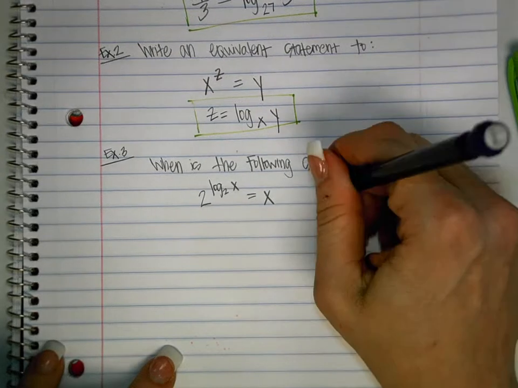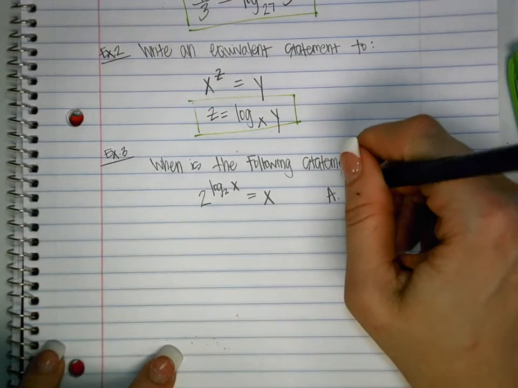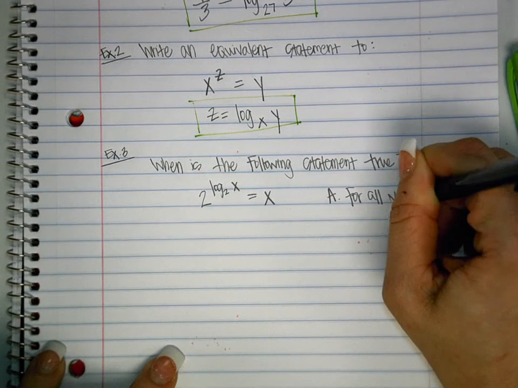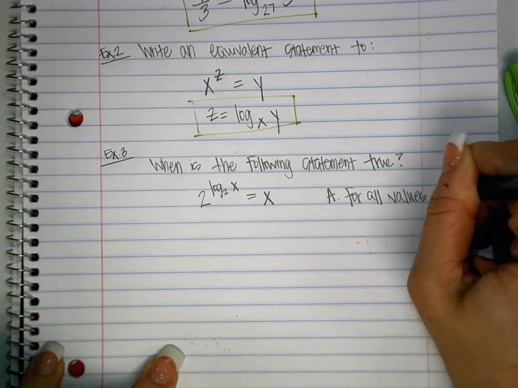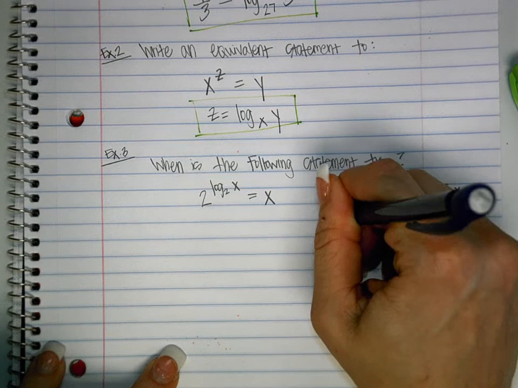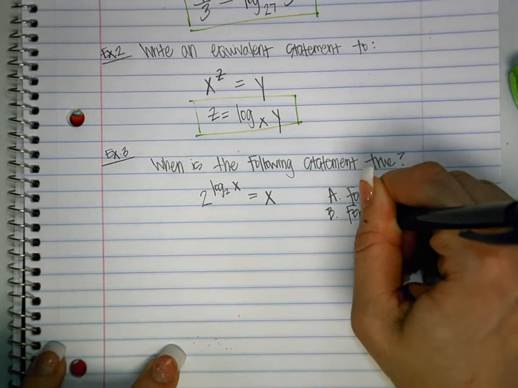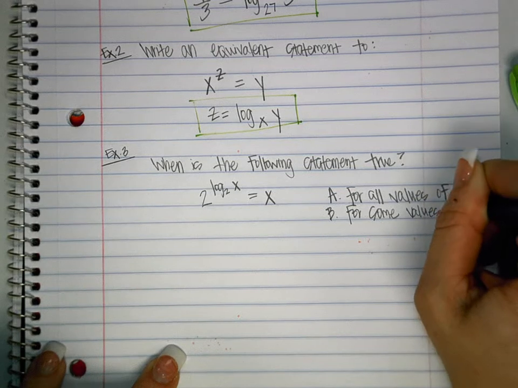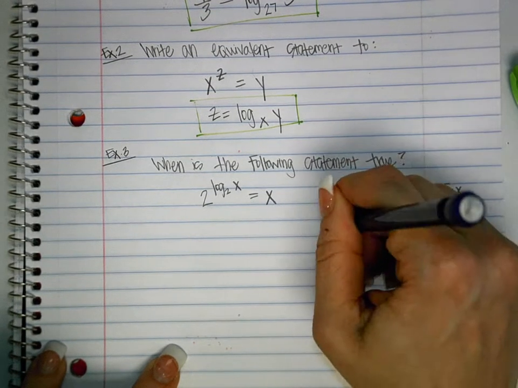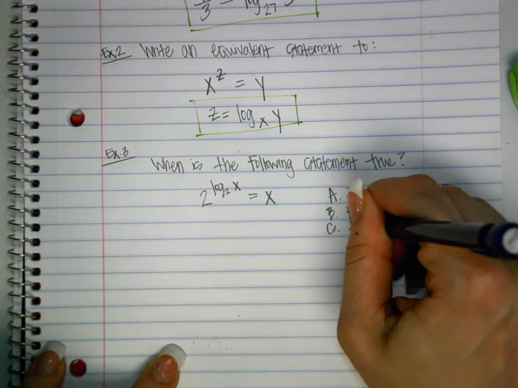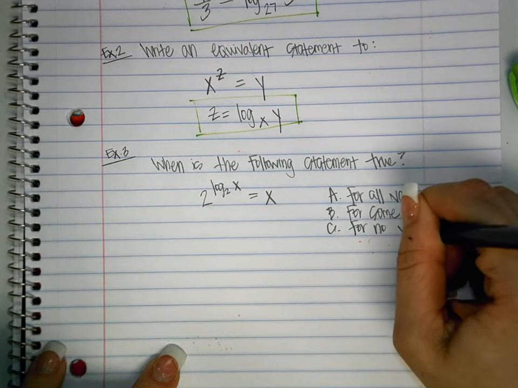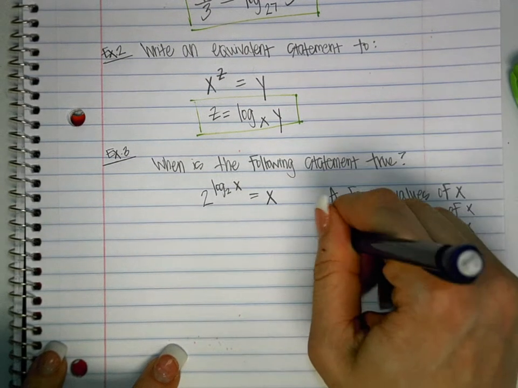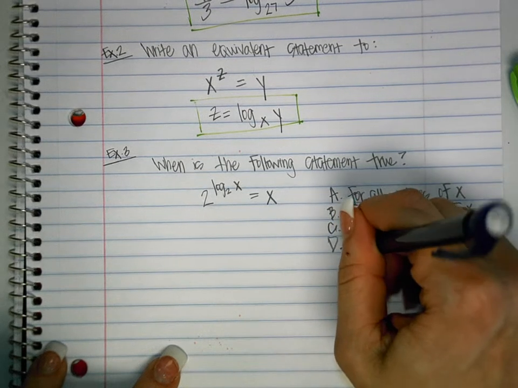Your choices are A, for all values of x, B, for some values of x, C, for no values of x, and D, can't determine.